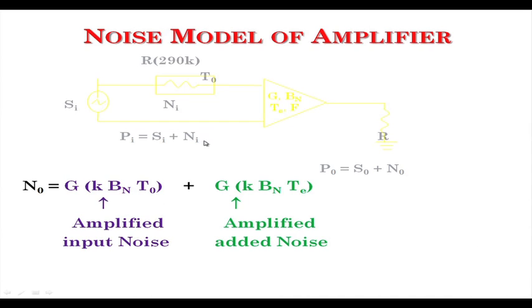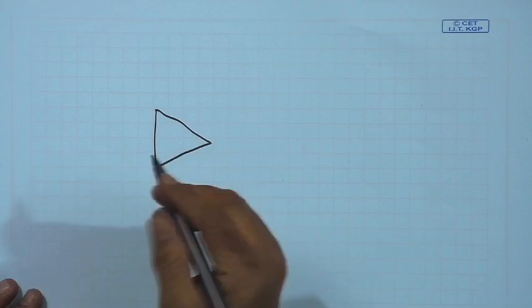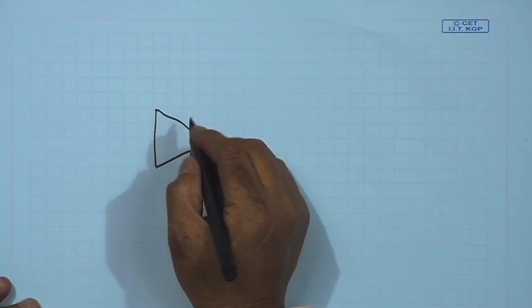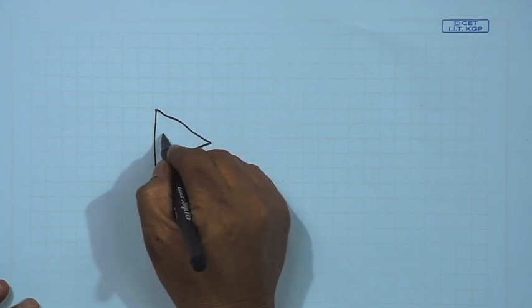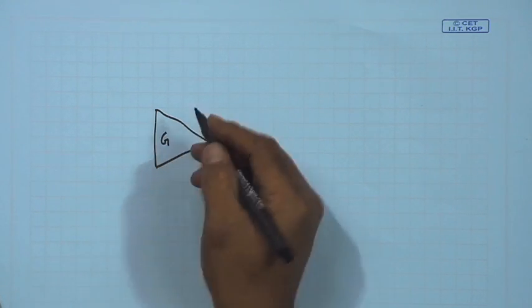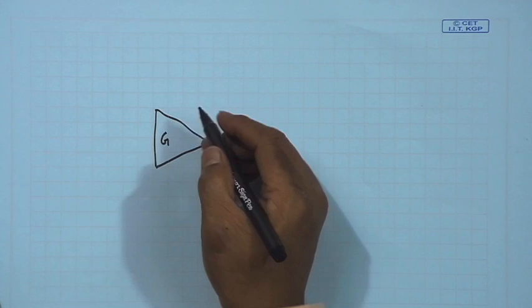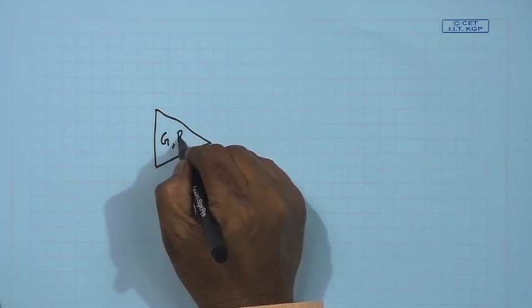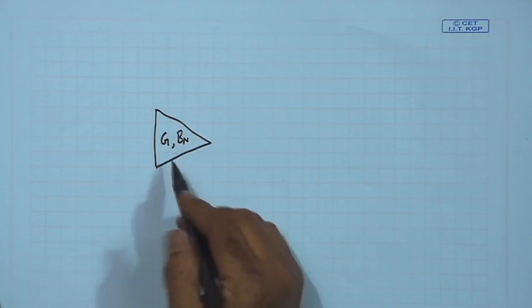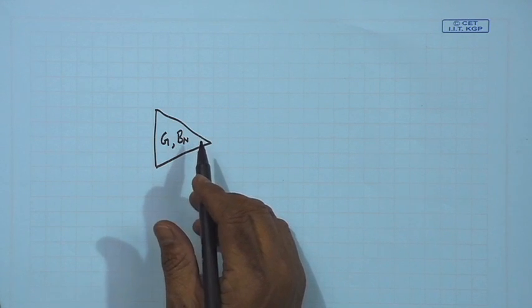Now, let us see the noise model of an amplifier. I think the picture is not very visible, but I have an amplifier. The amplifier has its gain, and also some noise equivalent bandwidth. I think you are familiar with these terms.